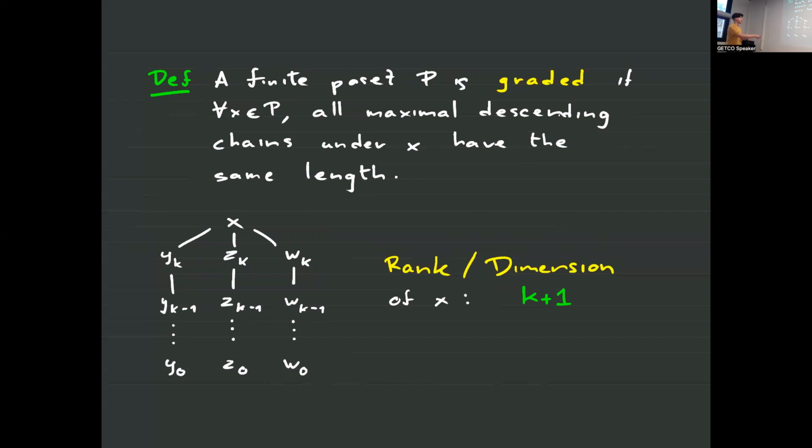If these chains have length k, then we say that the dimension of x is k plus 1. I'm going to say dimension, though that's slightly non-standard, because I want this idea of these being cells. Basically, all downward paths from an element in the Hasse diagram of the poset have the same length.